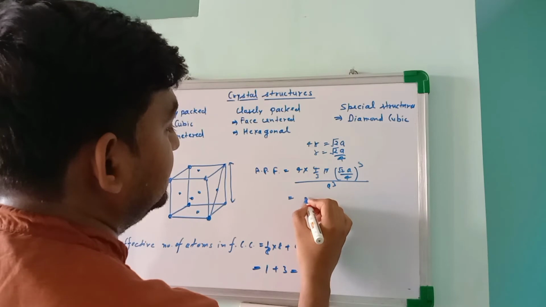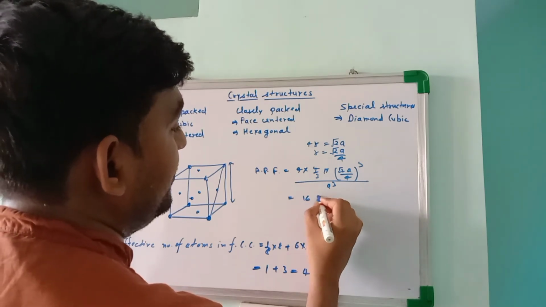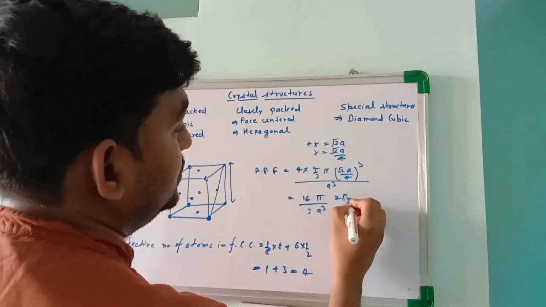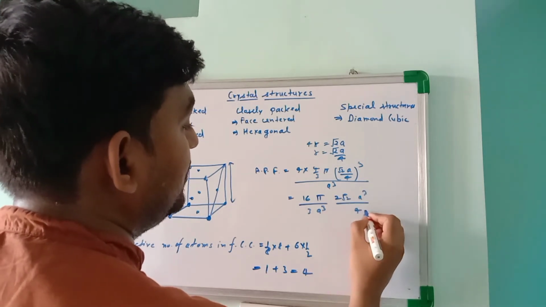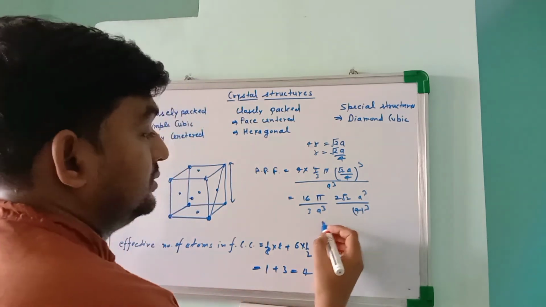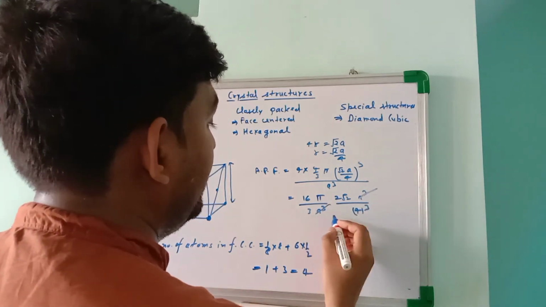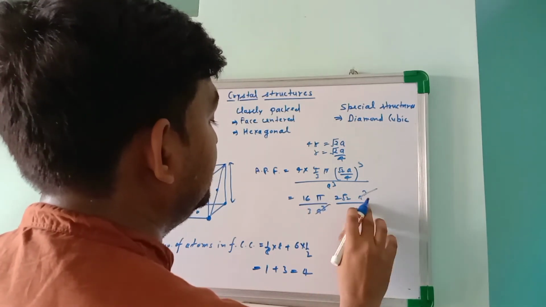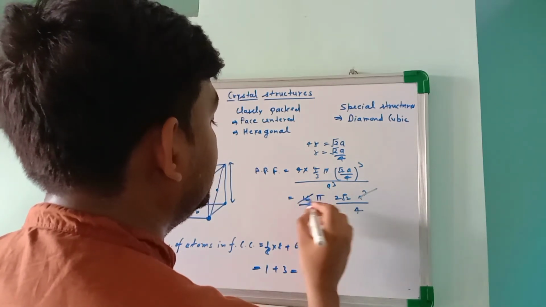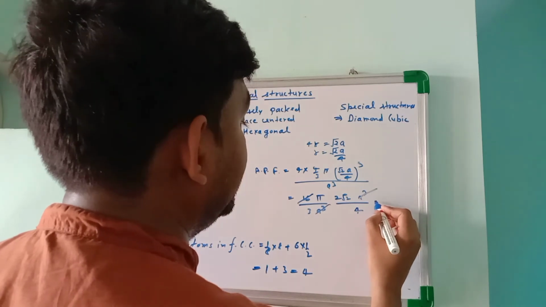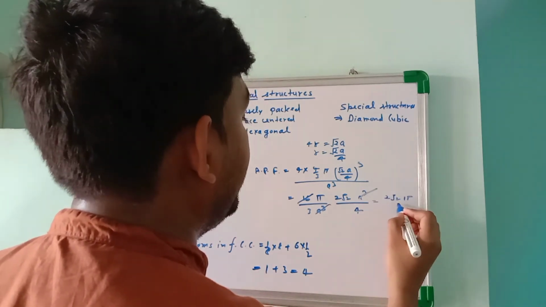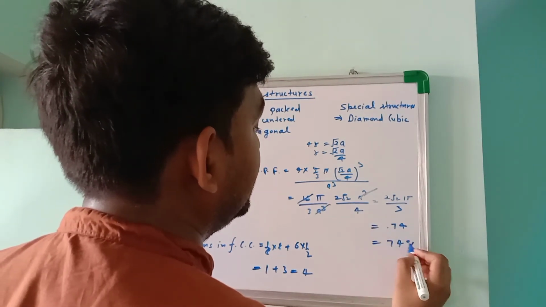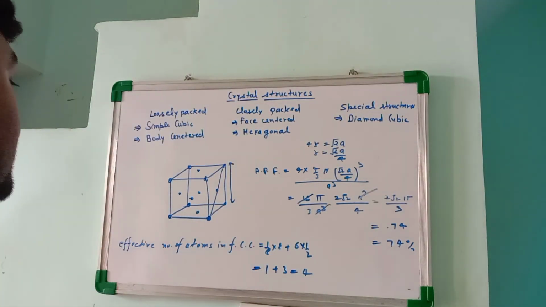So we get 16π/3 into 2√2 a³ upon 64 a³, that is 2√2 π upon 6, that is 0.74, or equals 74%. So the atomic packing fraction for FCC is 74%.